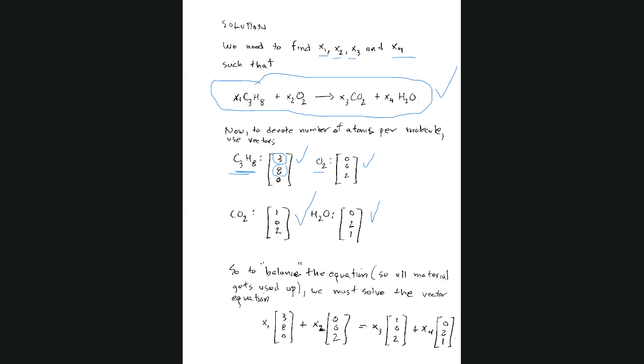And then there's no oxygen, 0 atoms of oxygen. On the other hand, for CO2, carbon dioxide, there's 1 atom of carbon, no hydrogen atoms, 0, and there are 2 oxygen atoms. And then the oxygen and H2O vectors are as they are.